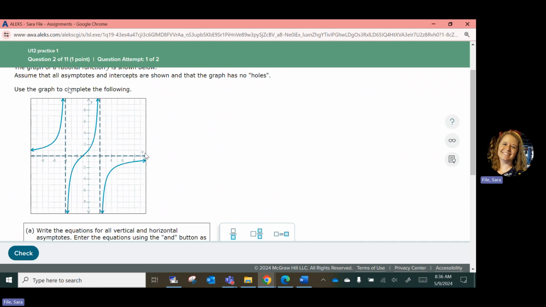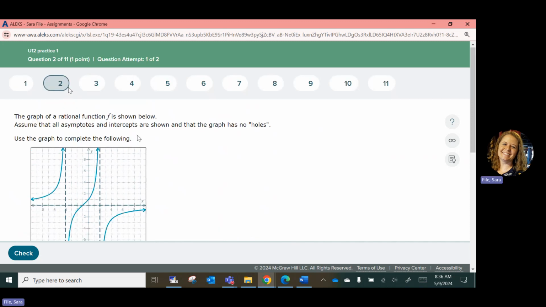But in the middle, it is possible to cross it. So when you get these more complex rational functions, just know that that may happen. The horizontal asymptotes are guiding the end behavior of that graph, and the vertical asymptotes are guiding in the middle. So just know that that's possible.